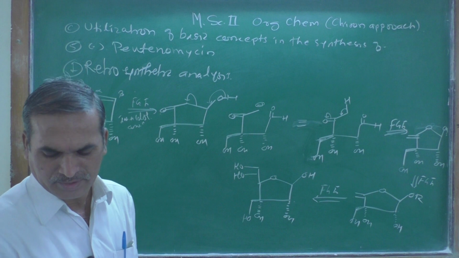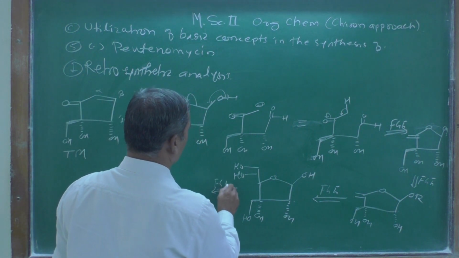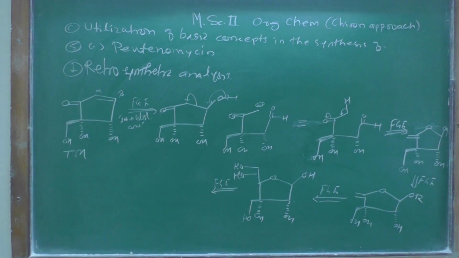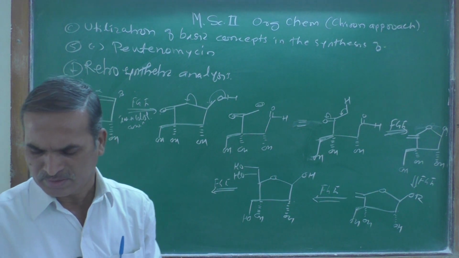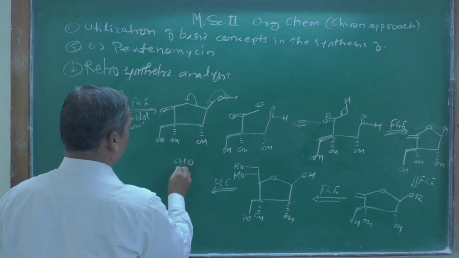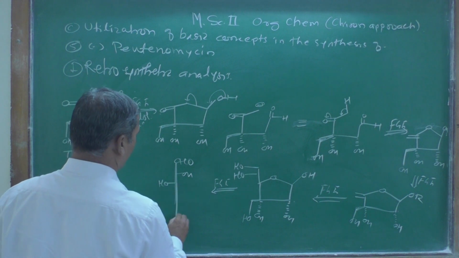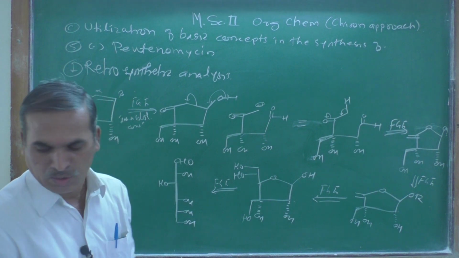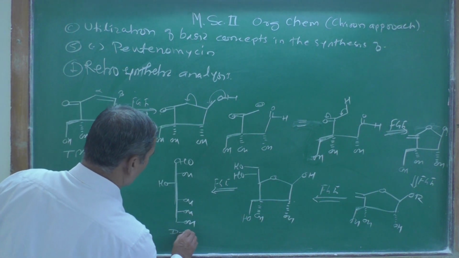Again do the FGI and convert this into the hydroxy group, that is D-glucose. Here CHO, then OH, then HO over there, then 3 OH on the right hand side. This is D-glucose, as we know, right? This is the structure of D-glucose.